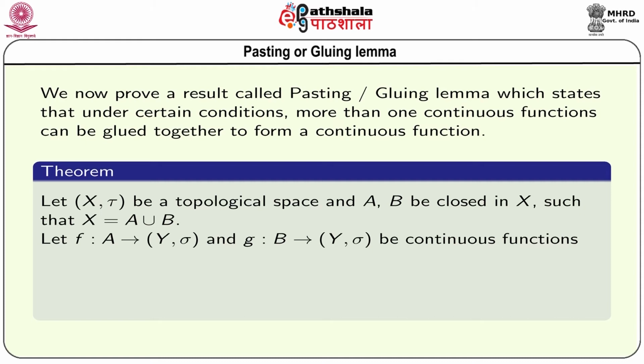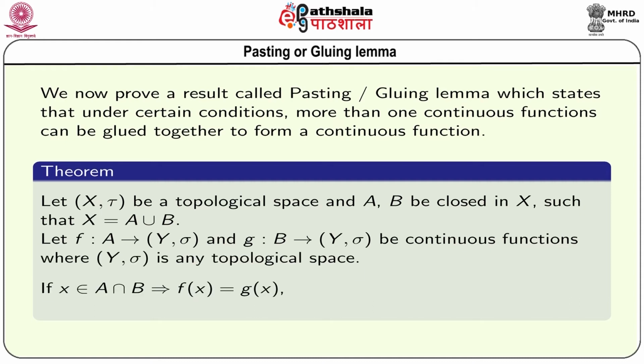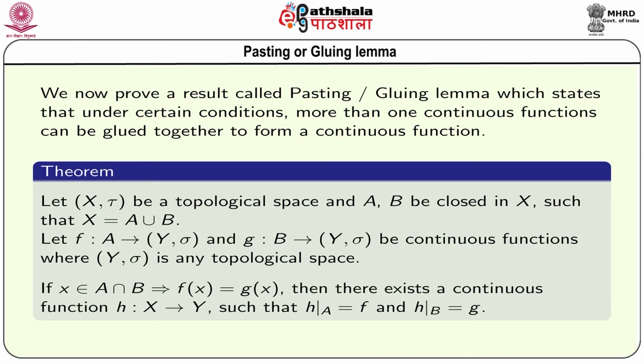We know two continuous functions f and g. f is a function from A to Y and g is a function from B to Y, where Y is another topological space. Then, whenever we take a point x from A intersection B, it is also known that f x is equal to g x.